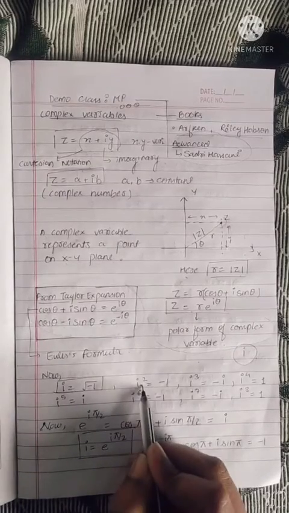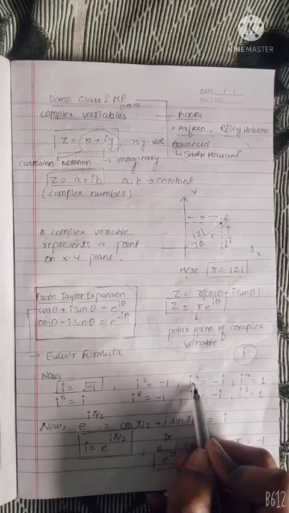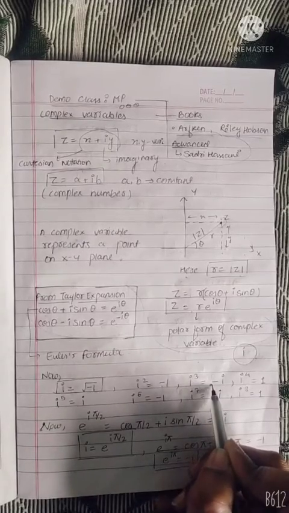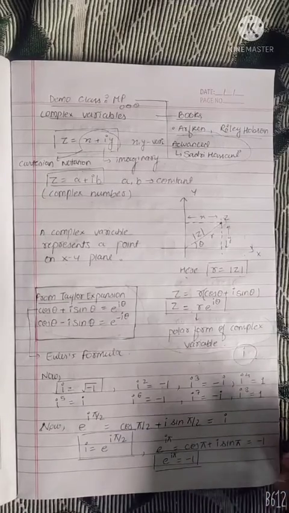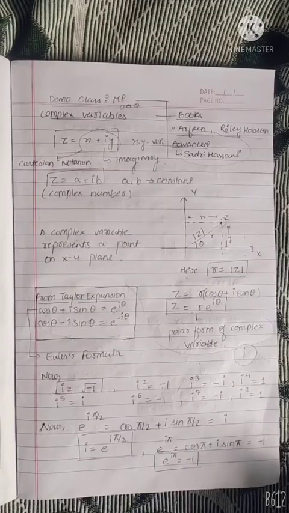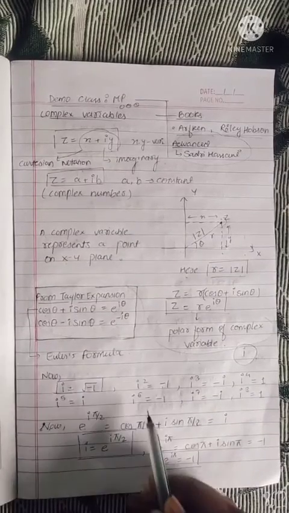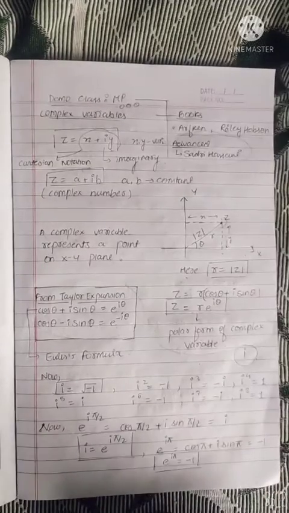Iota square is minus 1. Iota cube is minus iota. Iota raised to power 4 is 1, and it continues the same pattern, like i raised to power 5, 6, 7, 8, it follows the same pattern.